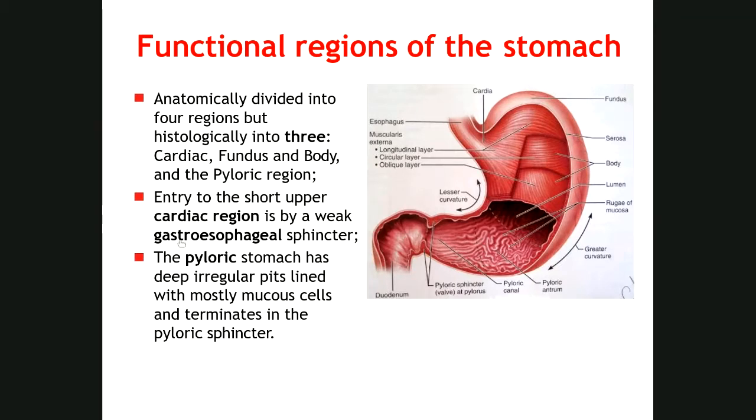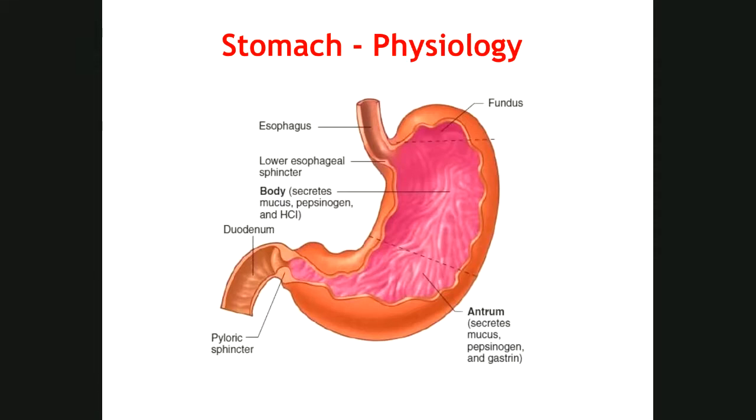So the pyloric region is the last part of the stomach, as we have just mentioned, and the characteristic mucosal fold known as rugae is also one of the characteristics of the mucosa within the stomach. Here you can see the esophagus, the fundus, the body, the antrum, and here is the pyloric region, pyloric canal, and the pyloric sphincter joining here to the duodenum.